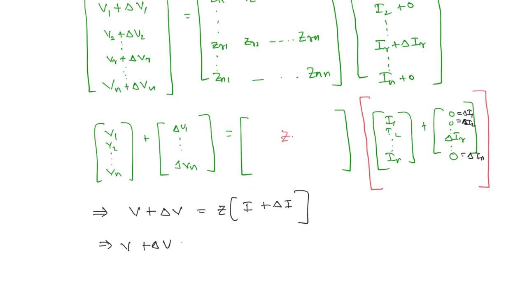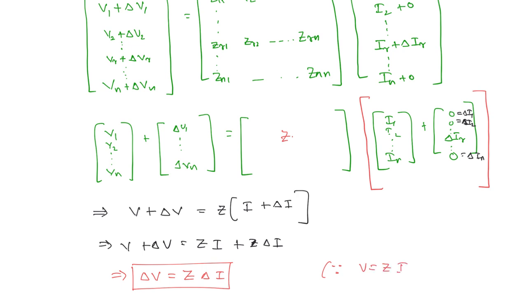V plus delta V is equal to ZI plus Z delta I. But we know that V is equal to ZI. So from here, delta V is equal to Z delta I. This is the second relationship that is important.